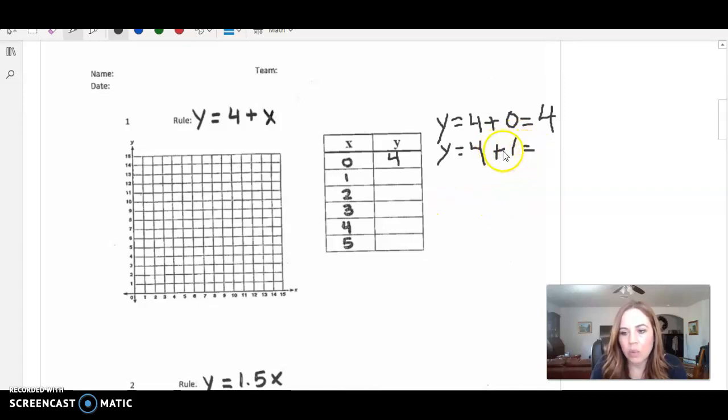So when x is 1, y is 5. 4 more, right? Okay, how about the next one? Y is equal to 4 plus, instead of writing 1, we're going to write 2. So when x is 2, y is 6.